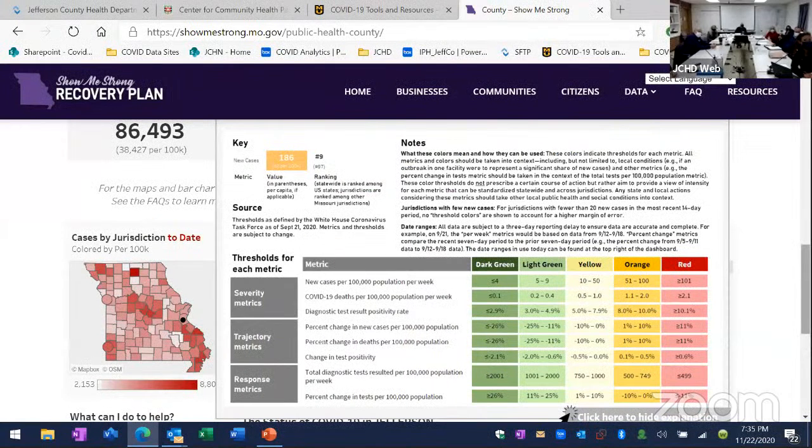The state of Missouri is also using the White House pandemic thresholds for their guidance on the state of Missouri website. So when you're looking at their levels of positivity and their color markings on their site, their markings fall in line with the guidelines from the White House Pandemic Task Force as well.